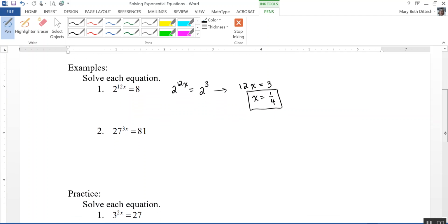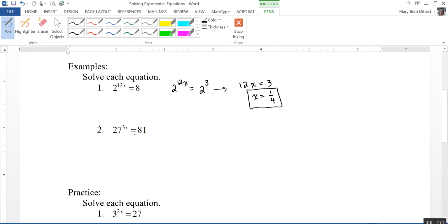Second example here is 27 raised to the power of 3x equals 81. Well, I know that 27 is 3 to the third power. That's 27, 3 to the third, and that's raised to the 3x power. And I know that 81 is 3 to the fourth power. 3 times 3 times 3 times 3 is 81, so 3 to the fourth.